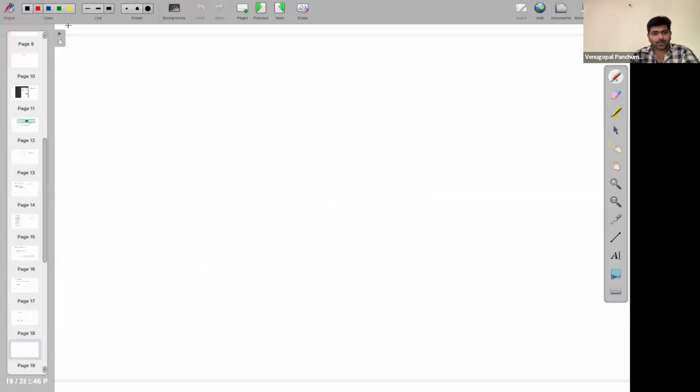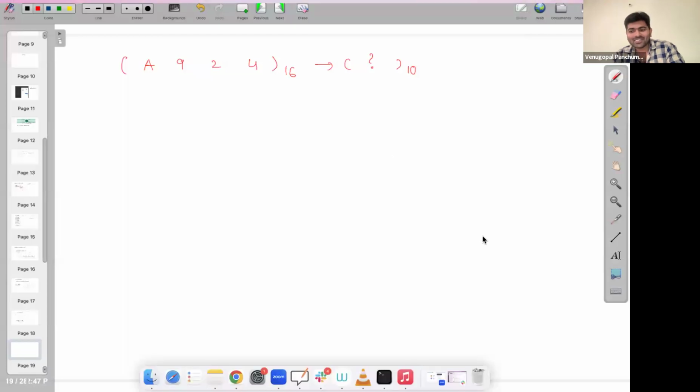Okay, so last question. Tell me, what is this in base 10? I'm not asking valid or invalid. What is its value?